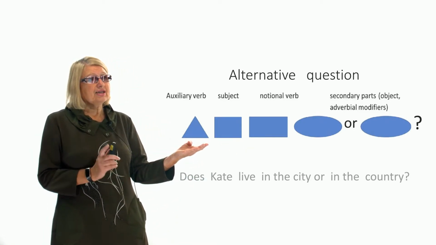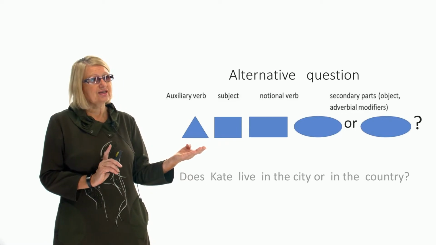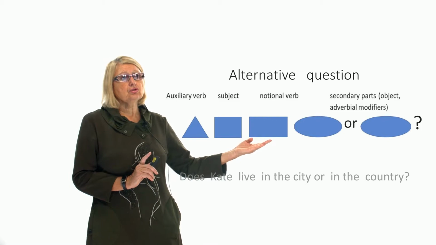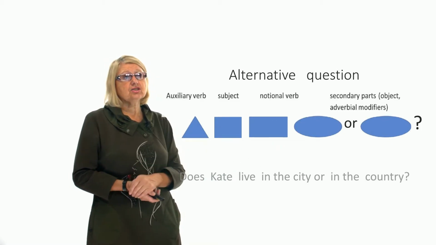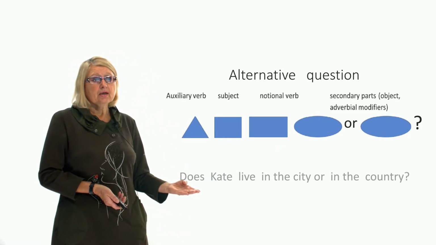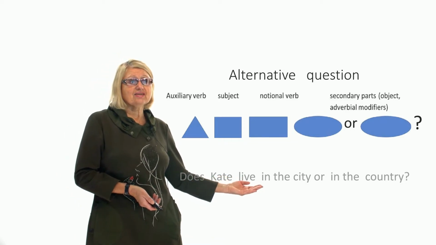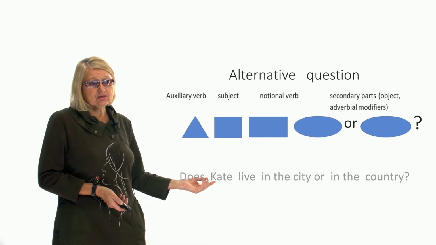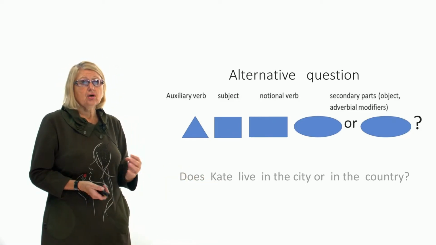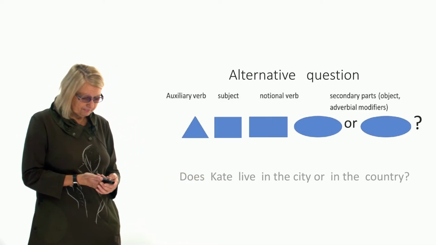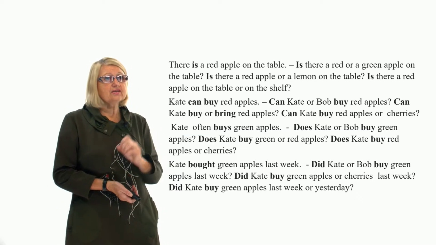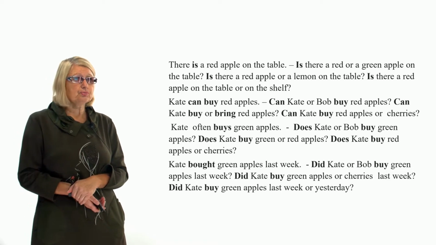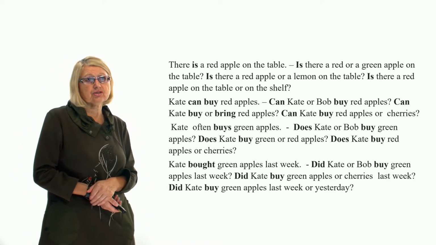Look here, it starts with an auxiliary verb, then goes a subject, a notional verb, and then a variation of secondary parts. Does Kate live in the city or in the country? So you see the variation of places of living. Here are the examples for you to understand how to put alternative questions.